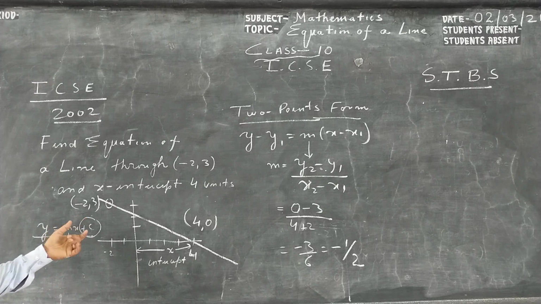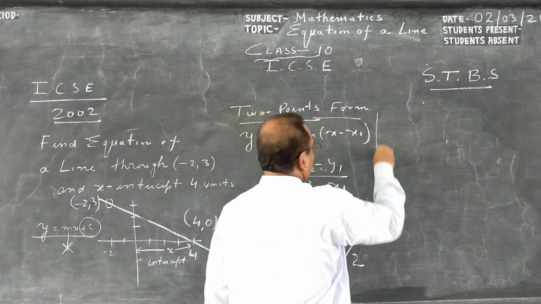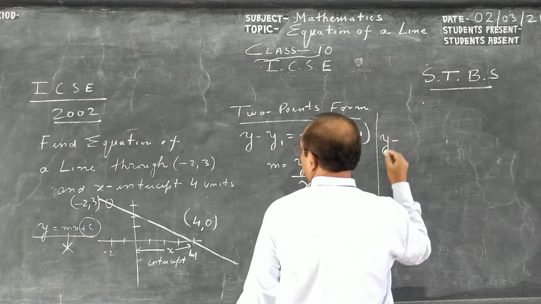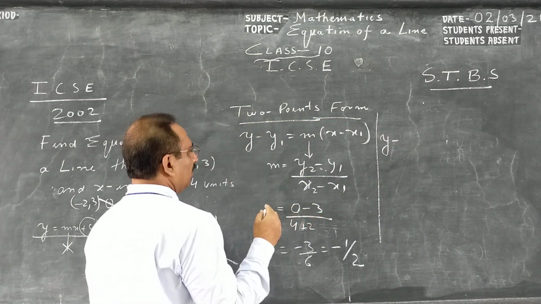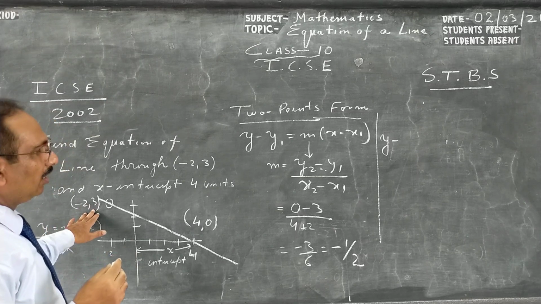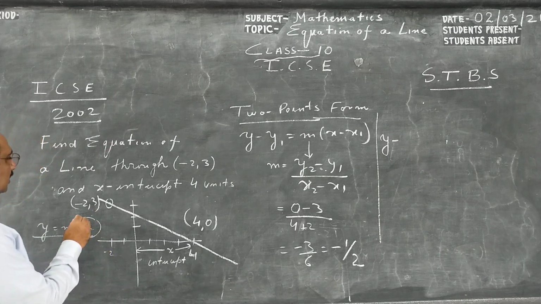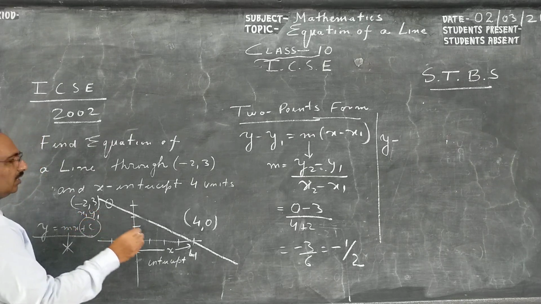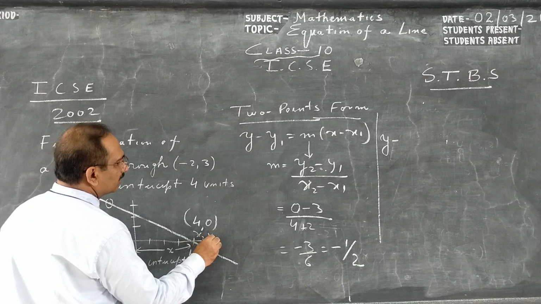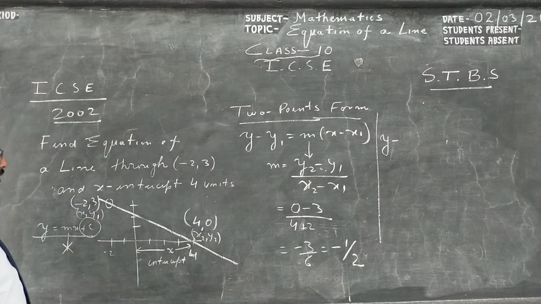Last but not the least, we have got the 2-point form, so I just substitute over here. Y minus y1, let's take any one point, this point or this point, and you will get the same equation. Let us take this one, because we took this as x1, y1, but children, you can substitute any coordinate and you will get the same answer.